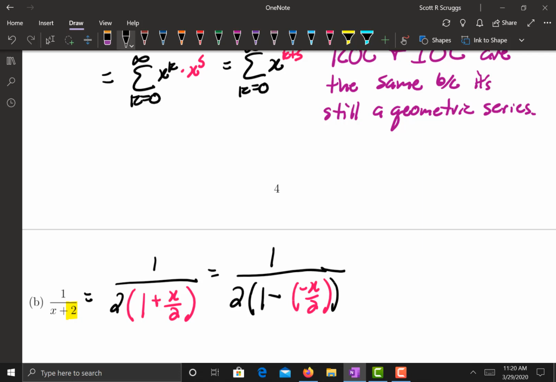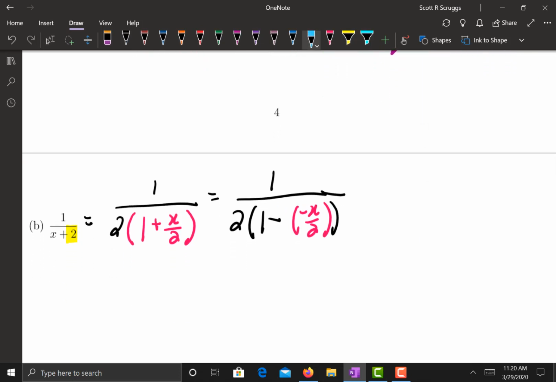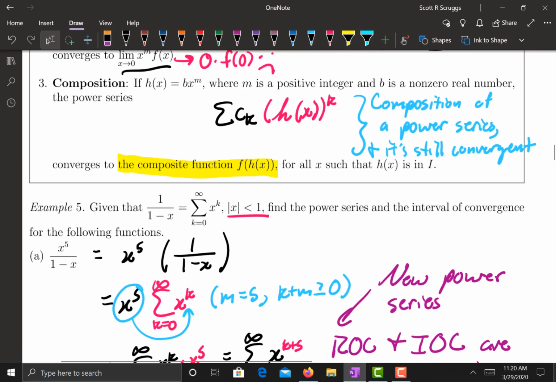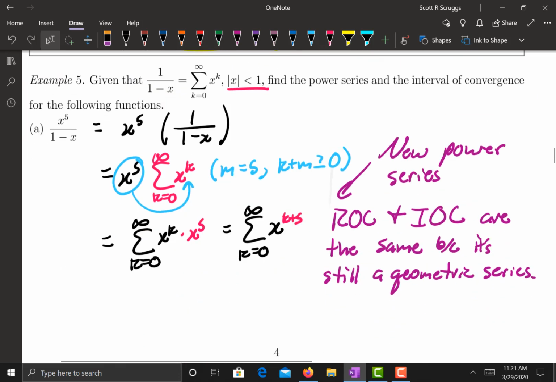Now we can go ahead and rewrite our series, because this negative x over 2 is being treated as our h of x from part 3 of the theorem. Part 3 of the theorem says I can have a composition: if I already know the power series for f of x, then instead of an x to the k, I replace it with h of x.